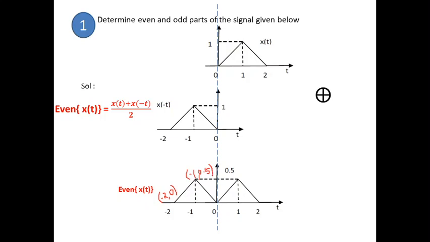Right? So this is my resultant signal. Since it is the even signal, I will take it as some z of t. Right? So the x-axis is with respect to time t, and the y-axis let me take as z of t. Just some notation. Z of t represents the even part. Right? So here when I apply, I am first finding the equation for this region from minus 2 to minus 1.